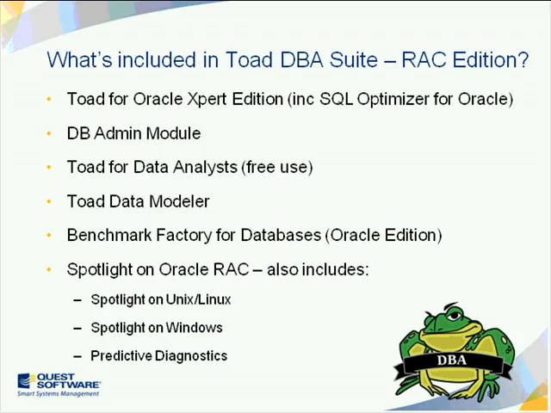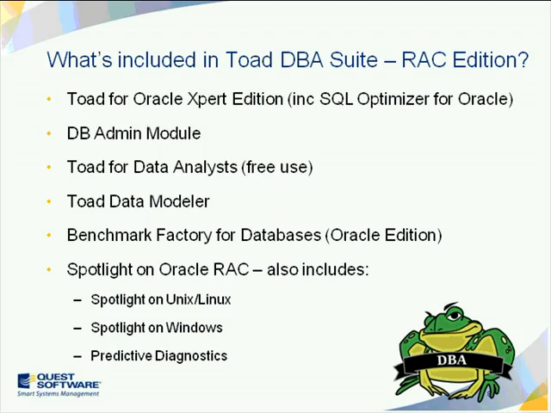You have free use of that, so if you want to look at data from SQL Server or DB2. Toad Data Modeler, which is a cross-platform logical and physical data modeling tool, which allows you to verify schema design, etc. for production. Benchmark Factory for Databases, Oracle Edition, which also supports RAC. And then finally, Spotlight on Oracle RAC, which, by the way, also includes these other pieces.